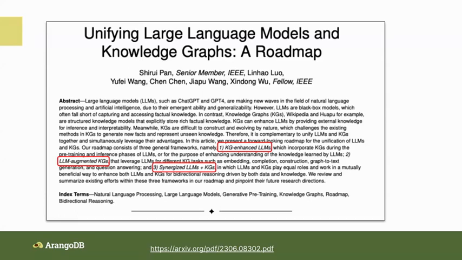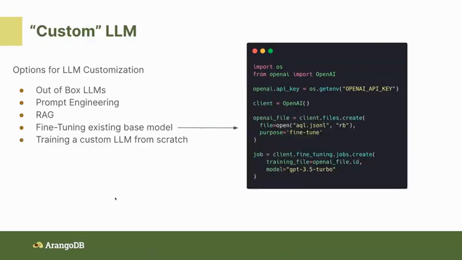And then point number 3 being a symbiotic relationship between both. For the purpose of this talk, we'll be focusing on point number 2 today, but we'll briefly cover point number 1 as well.